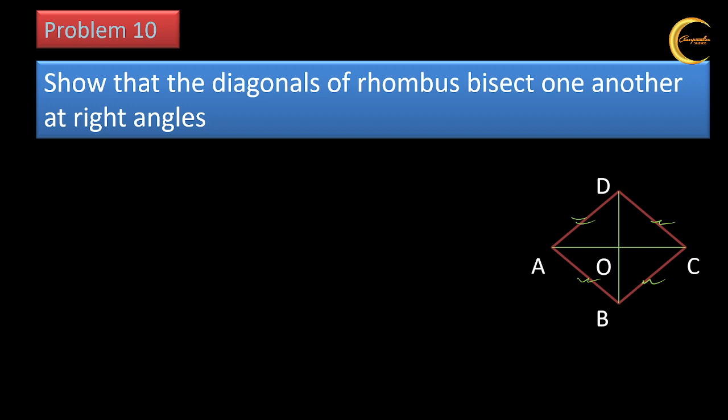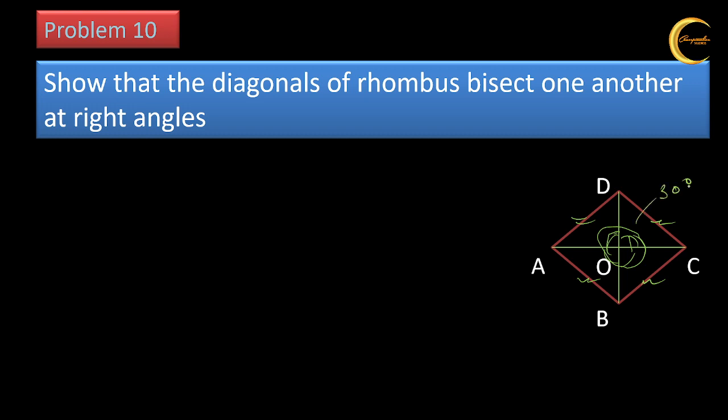Now you see here, if we prove all angles are equal, then we can say this is the right angle. All angles are right angles because the total angle is 360 degrees.